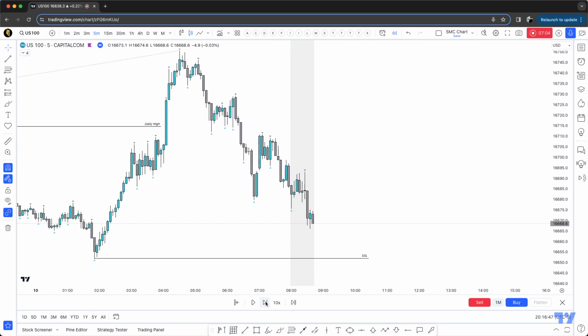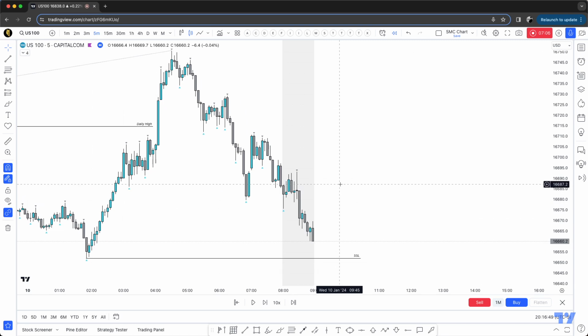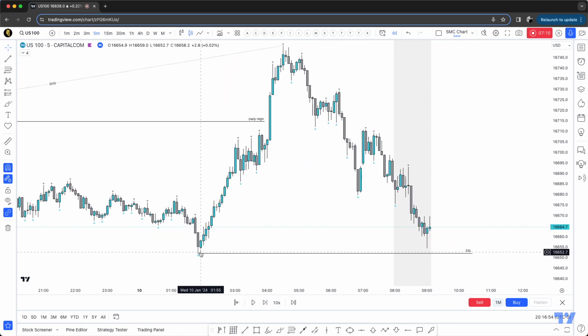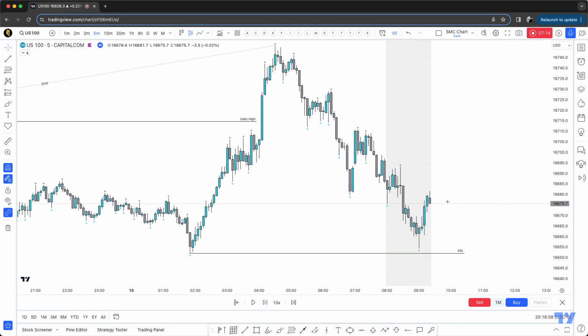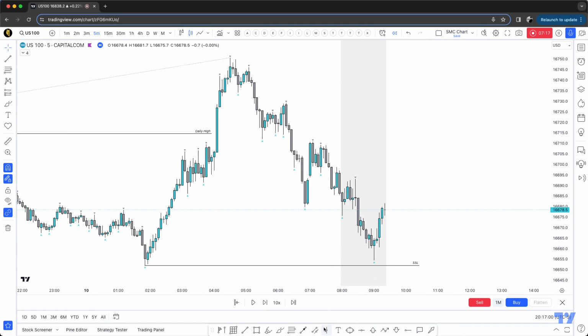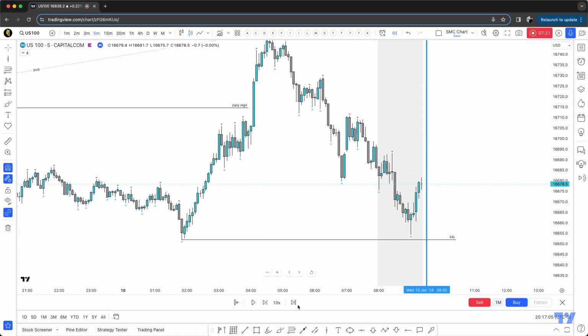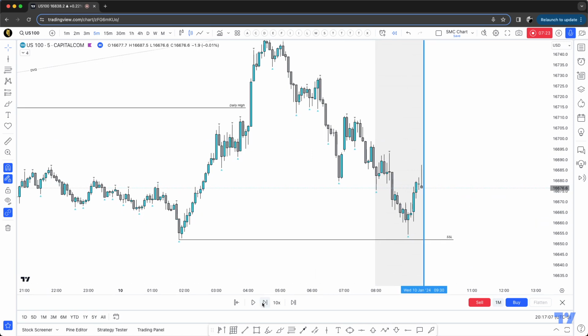Right now, pay attention to what happened. As we keep going into New York session, price keeps going down and down and down, almost getting to this point. But look at what happens. Of course, New York Stock Exchange is not open yet. It opens at 9:30, so it's somewhere here. Look at what's happening. We're starting to have displacement to the upside.